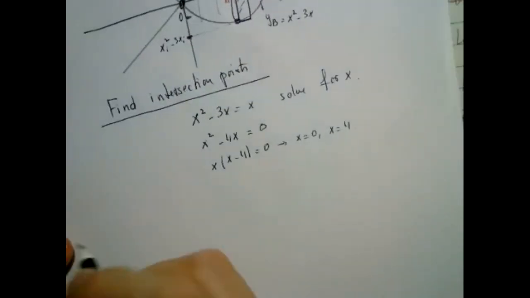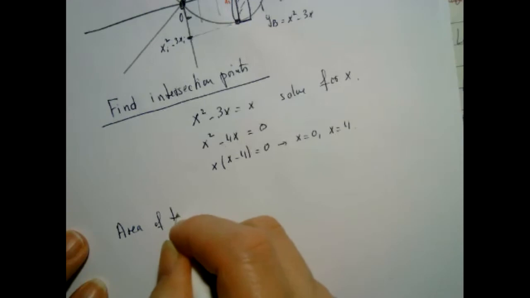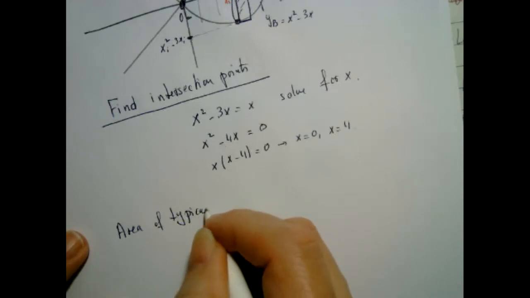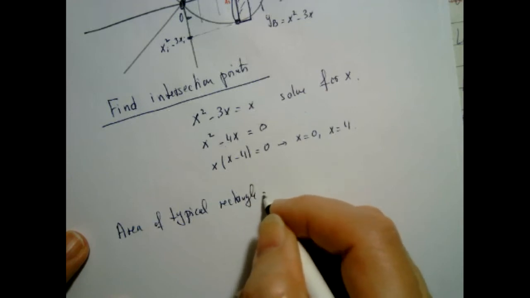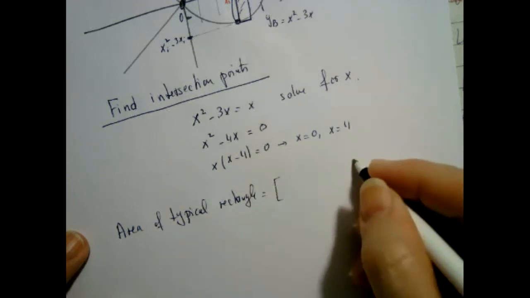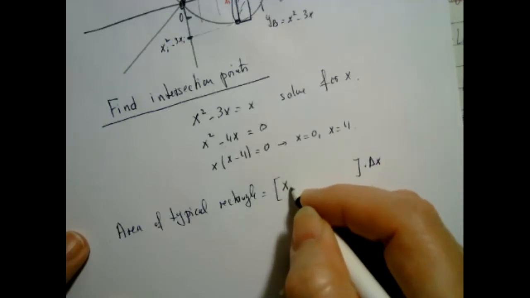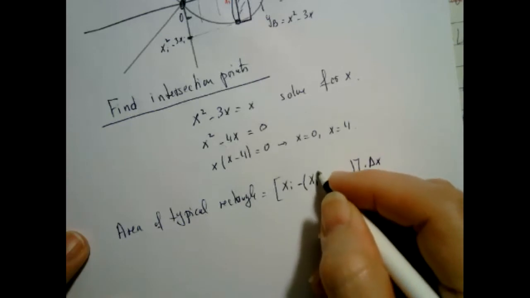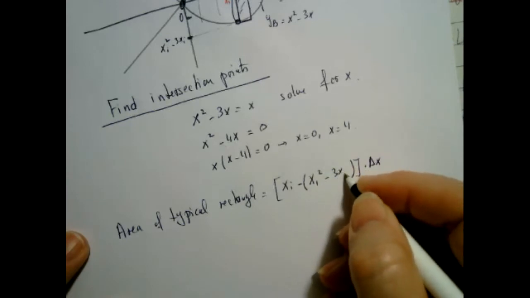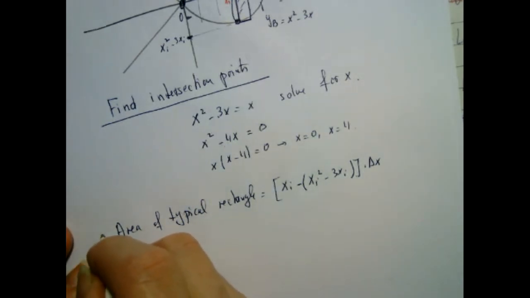Okay, so now the area of a typical rectangle is the height times the width. The width is delta x. The height is xi minus parentheses xi squared minus 3xi. That's every rectangle. Part 2 is the sum.